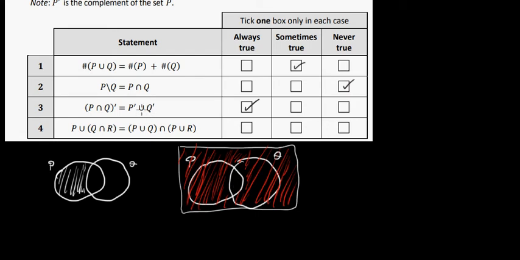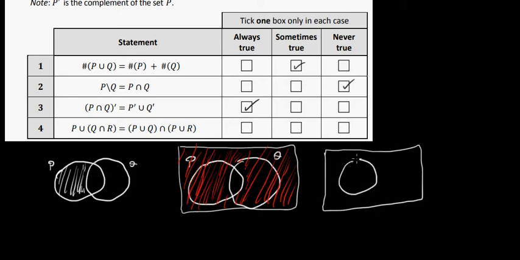Now if you take this part here on the right hand side, so we have P again and we have Q. If you look at P complement, well, P complement is going to be everywhere out here.